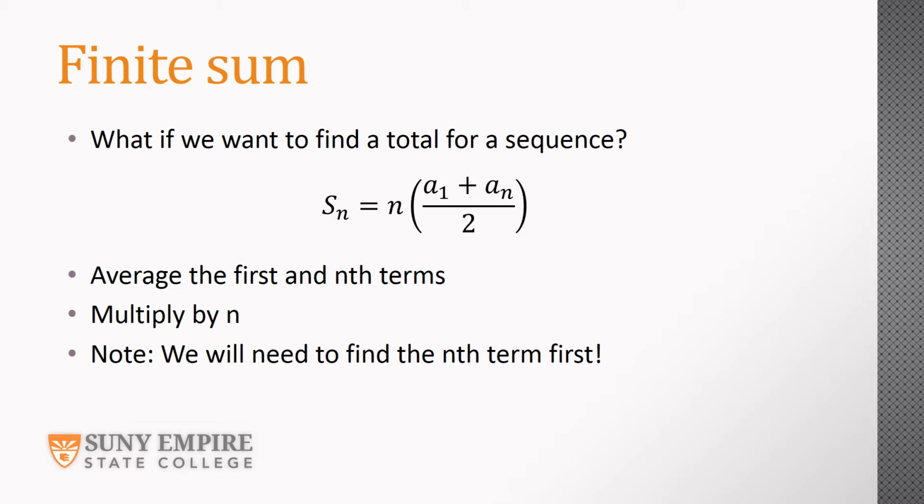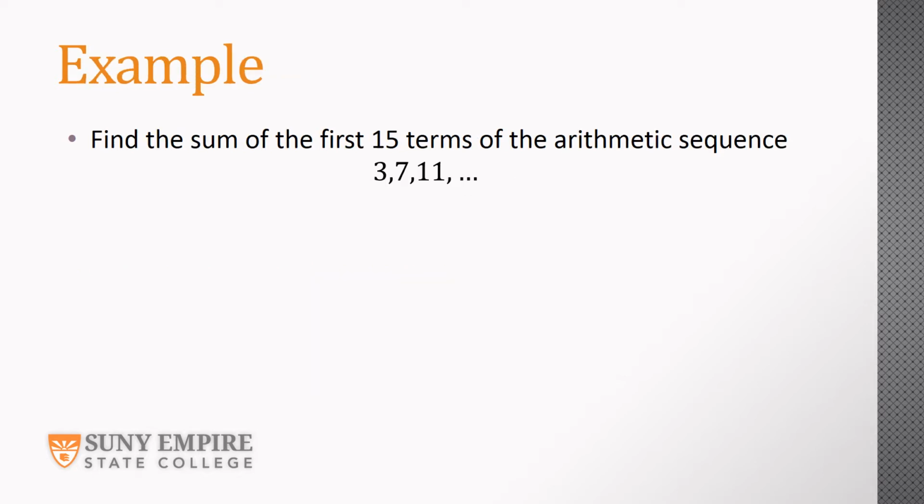The sum of the first n terms of an arithmetic sequence equals n multiplied by the quantity a sub 1 plus a sub n divided by 2. In other words, we average the first and nth terms, then multiply by n. This means we will have to find the nth term before we can find the total.